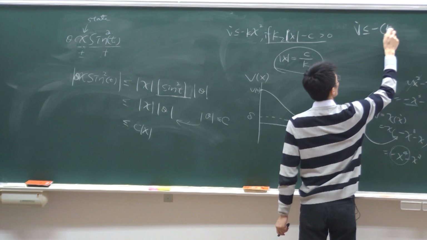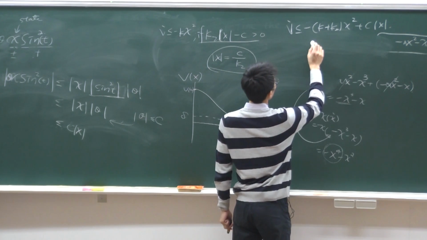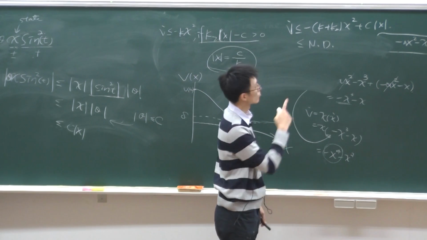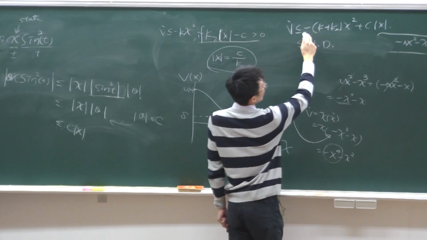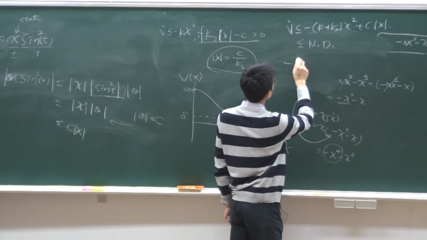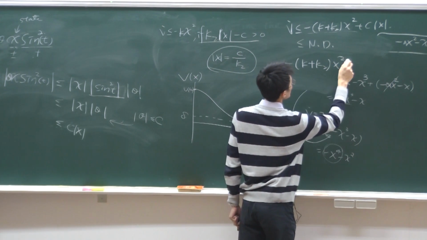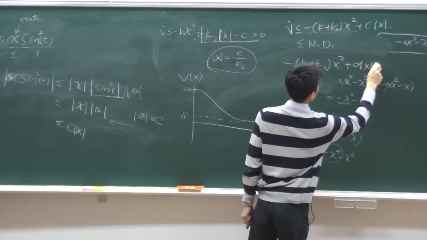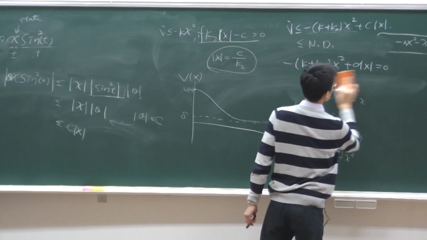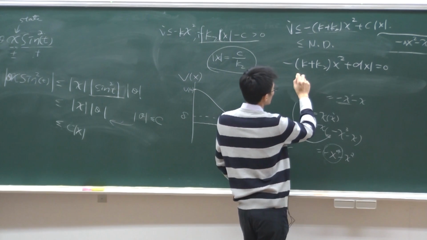You can merge k plus kx squared. So we want this to be negative definite, right? But it's not always negative definite. For example, when k plus k2x squared can this be 0? It can, right?